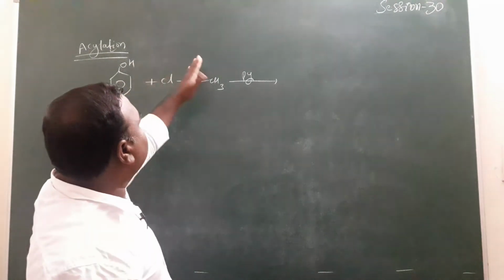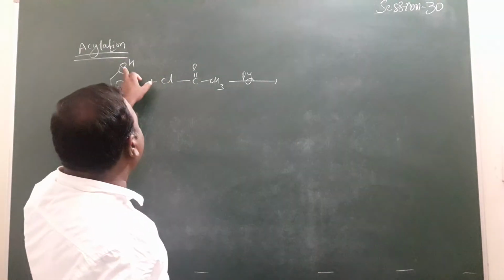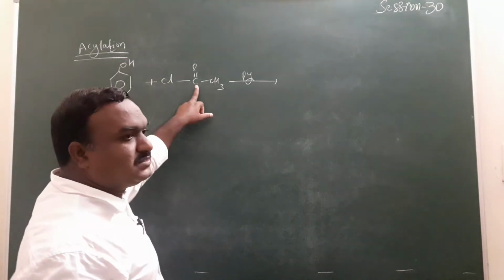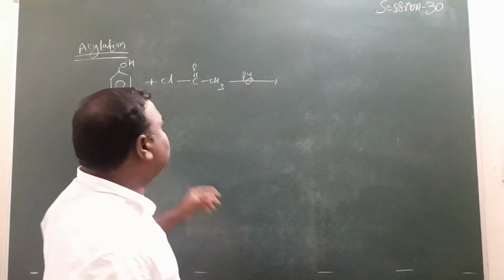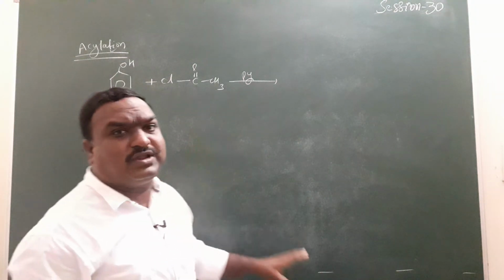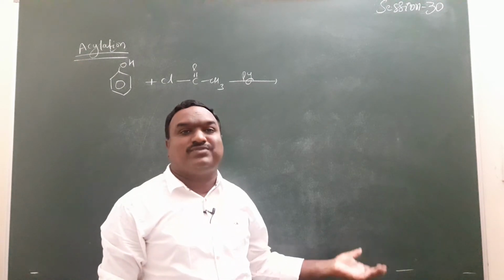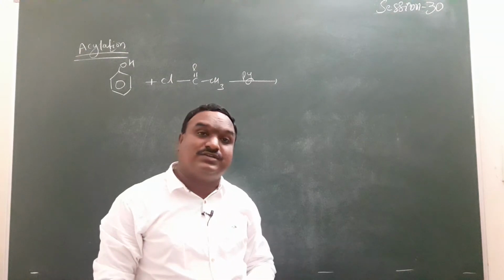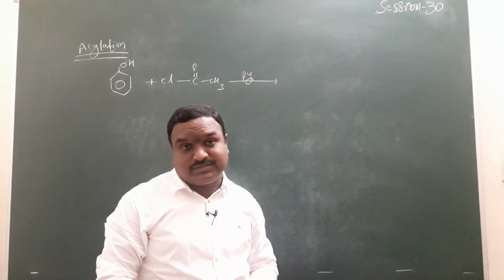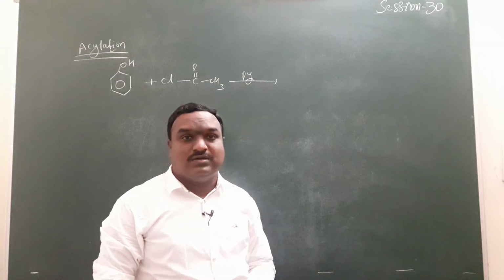Because of the removal of HCl, the ester is formed, with O minus and C double bond O plus. Otherwise, the phenol compound reacts with a base like sodium hydroxide to form sodium phenoxide. The sodium phenoxide reacts with acid chlorides or anhydrides to form the same product.